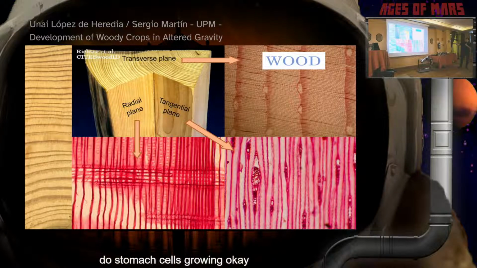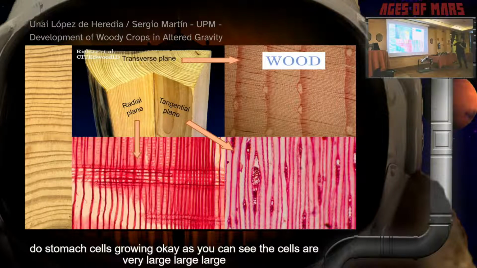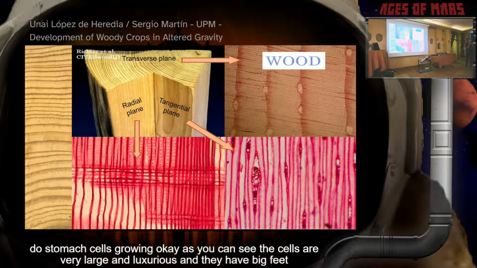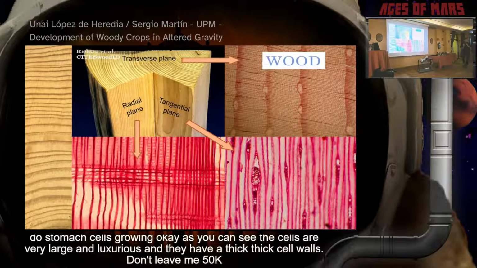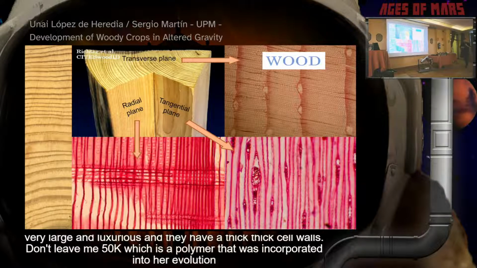As you can see, these cells are more or less large, and they have thick cell walls that are lignified. Okay? They produce lignin, which is a polymer that was incorporated into evolution when the vascular plants were differentiated.